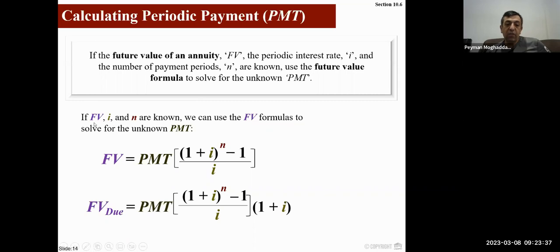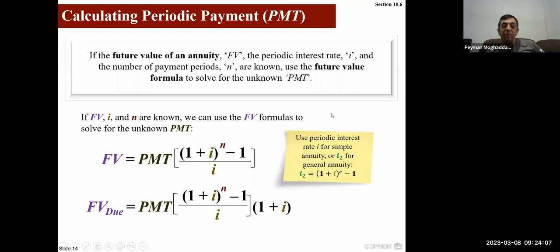So if we know FV, I and N, we can calculate PMT. PMT is going to be FV divided by the whole thing, or for an annuity due, FV divided by that whole thing including the extra factor. That's how we calculate the PMT.